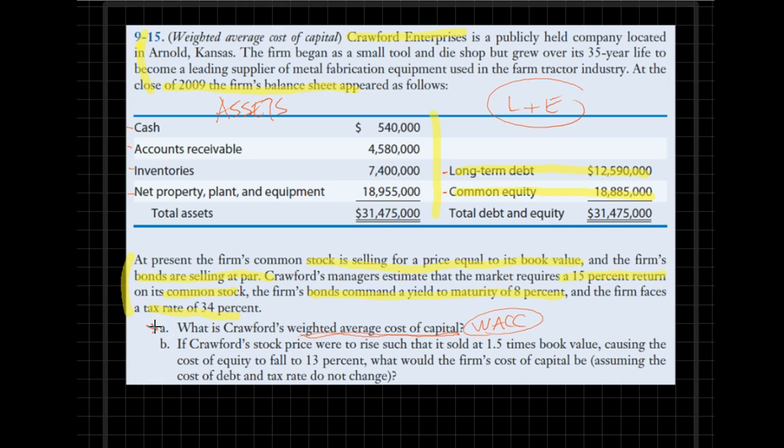So let's rewrite the givens in our problem, and then solve it on the next page. What are the key ingredients given in the problem? Cost of equity is 15%, whereas the cost of debt before tax is 8%, and we also know our tax bracket is 34%.